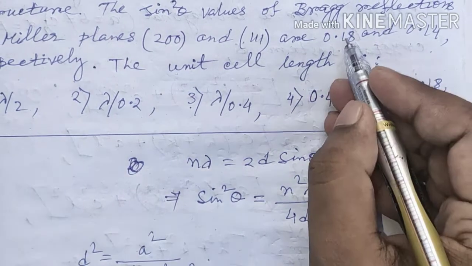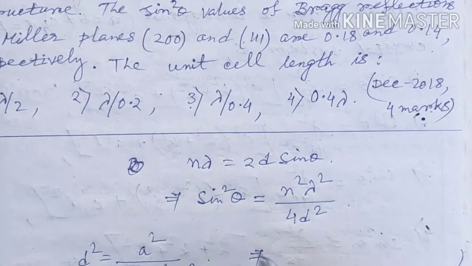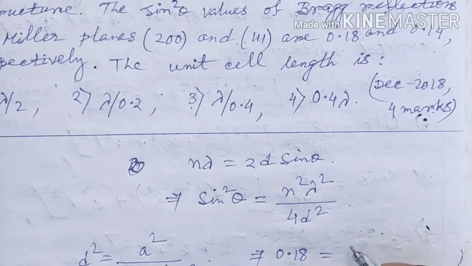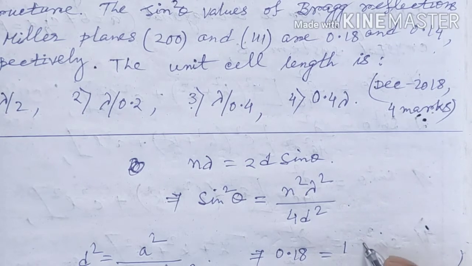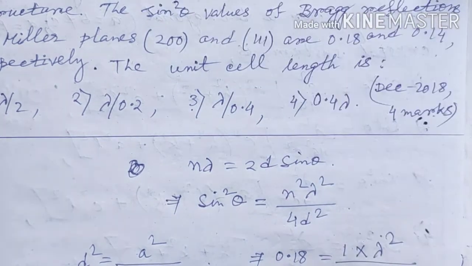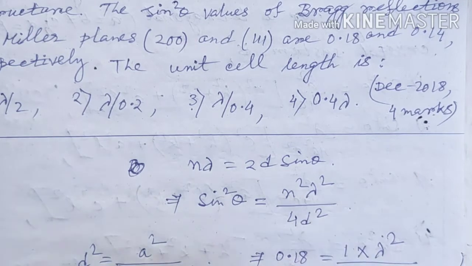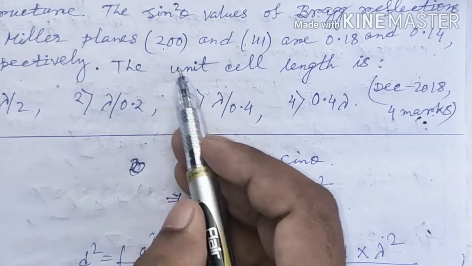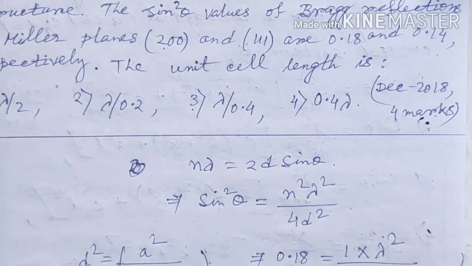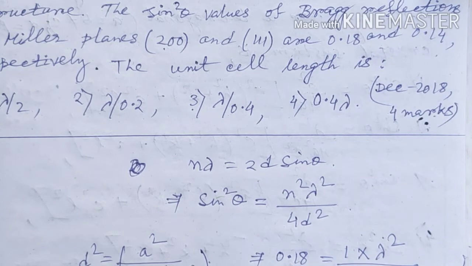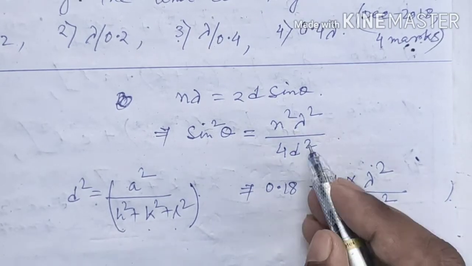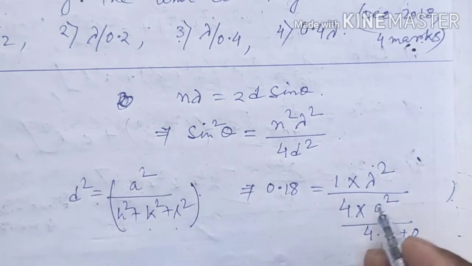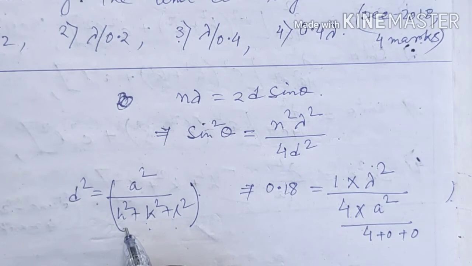For the first case, if we put the value, it will be 0.18, and n, since it is not given, we have to take as 1. Lambda square is 4, and for d square we have to put this value. For the d 200 plane, we put the value of hkl as 200. In place of d square I am putting a square divided by h square plus k square plus l square.